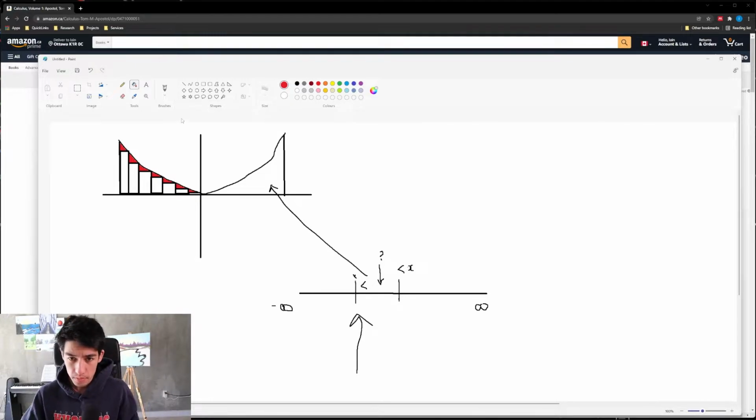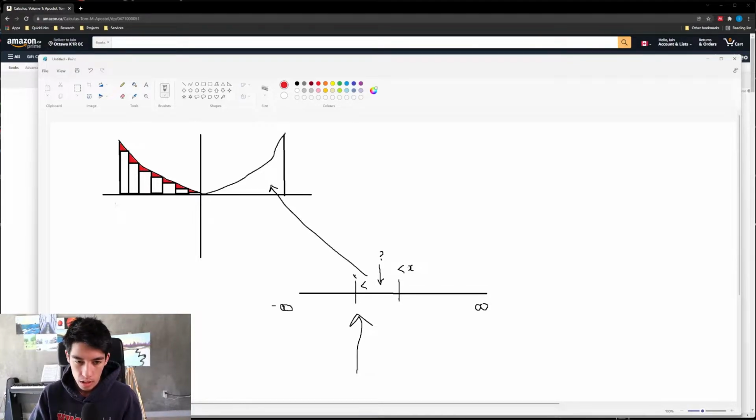We have these rectangles, and the sum of the space occupied by those rectangles is less than the actual space occupied by the parabola.